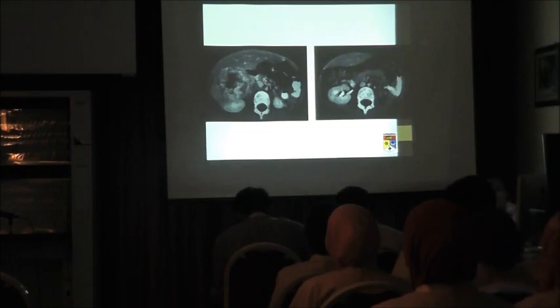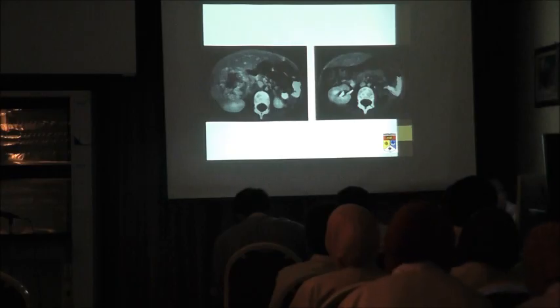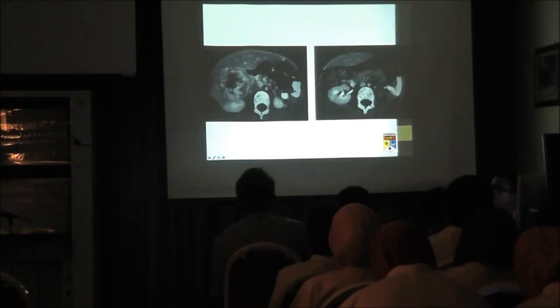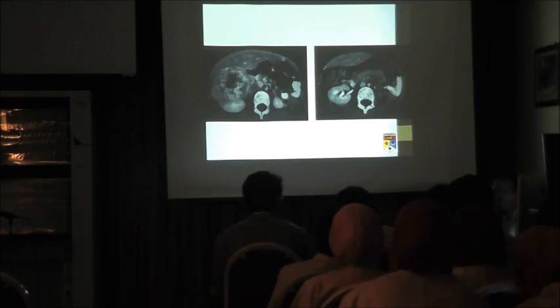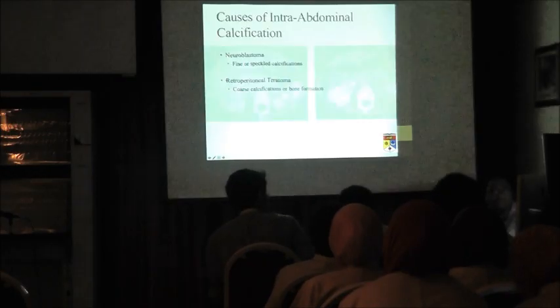Ada yang tanya, you masih tak tahu right and left mana, so you need to know your indications and then try to look for the normal organs. Look for the liver, so that you know which level you are dealing with. So it's just to show the method basically.